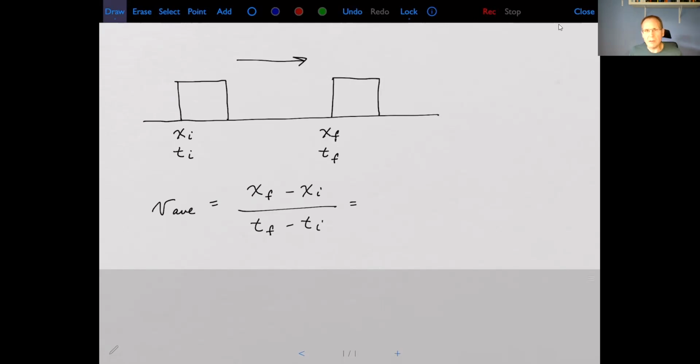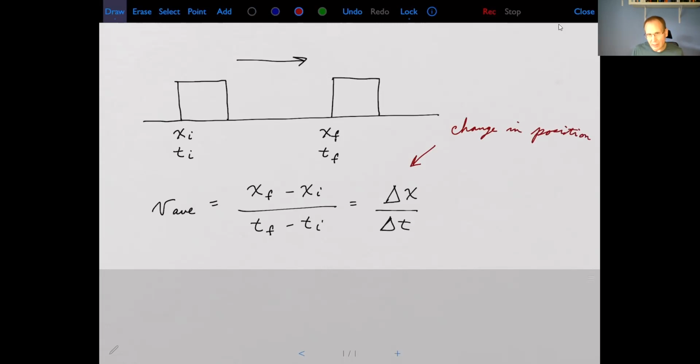And then a more succinct, efficient way of writing this is whenever we have a change like final minus initial, we can write that as delta. So you could write this as delta X over delta T. So this delta X means the change in position.